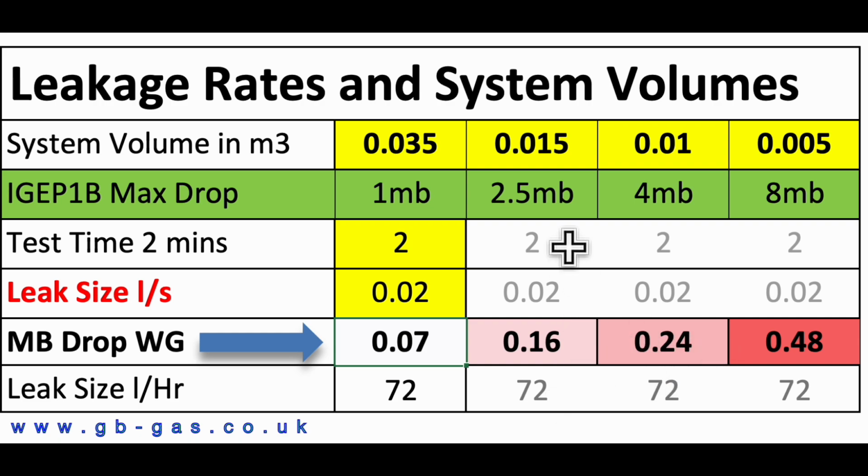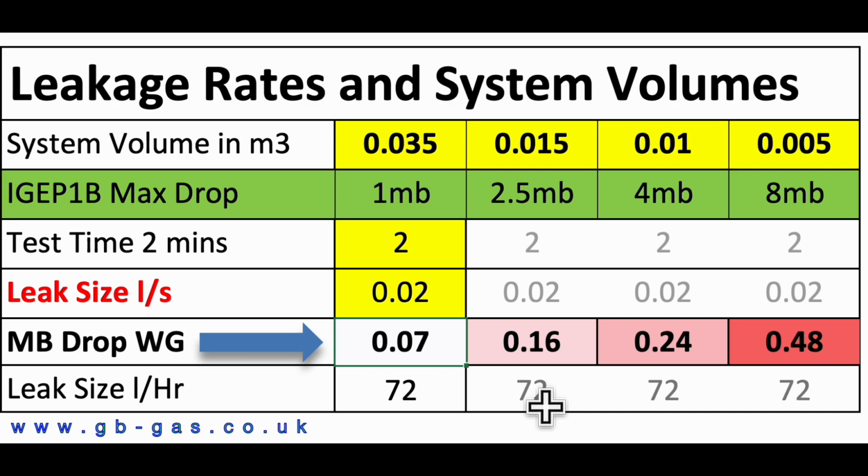Again, if we move up to the slightly larger system of 0.015, you've now got a 0.16 millibar drop. Again, that's no discernible. And then lastly, the 0.035 system, metres cubed, has got a pressure drop of 0.07. So all of these systems are leaking the same amount of gas.